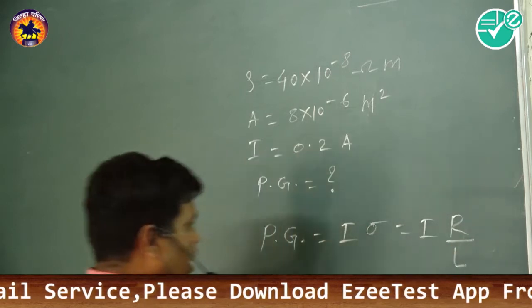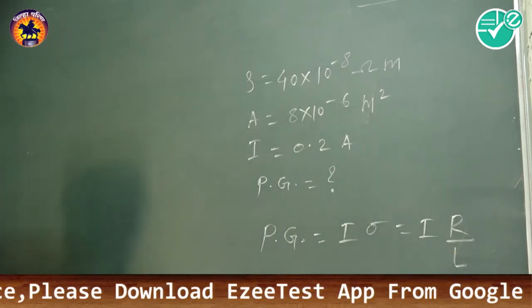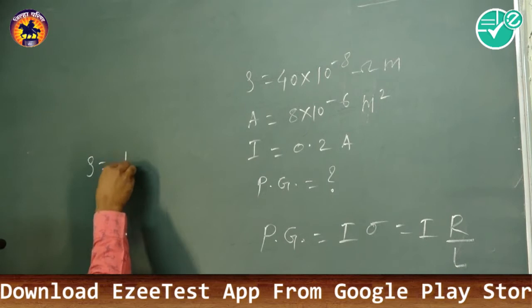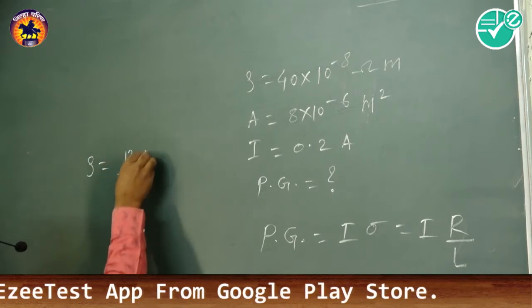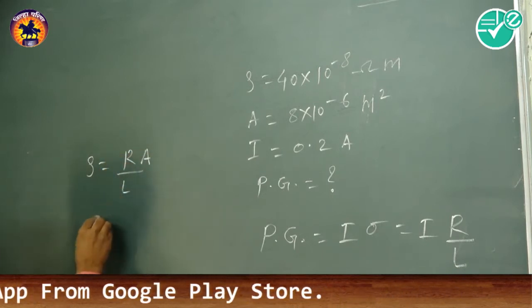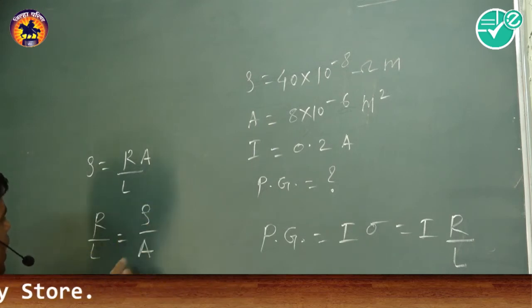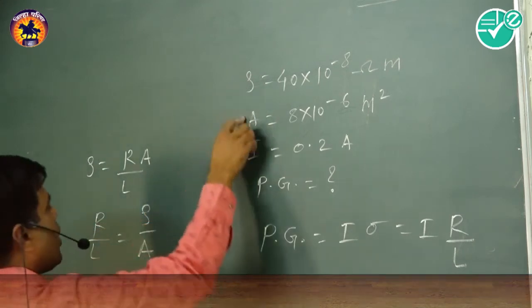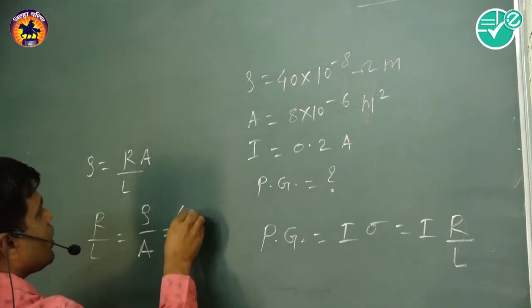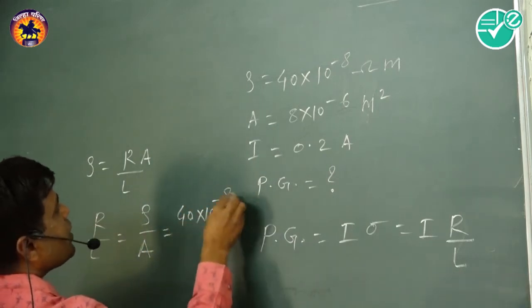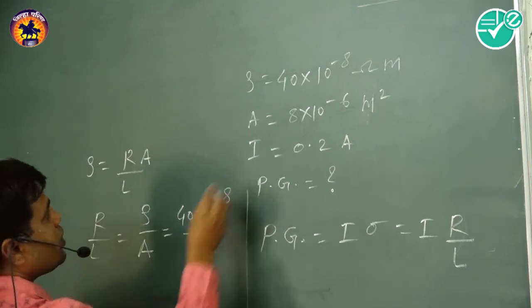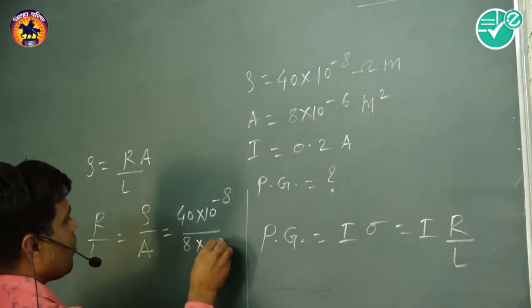We know resistivity is equal to resistance per unit area of cross section per unit length, so R by L is equal to rho by A, that is 40 into 10 to the power minus 8 divided by 8 into 10 to the power minus 6.